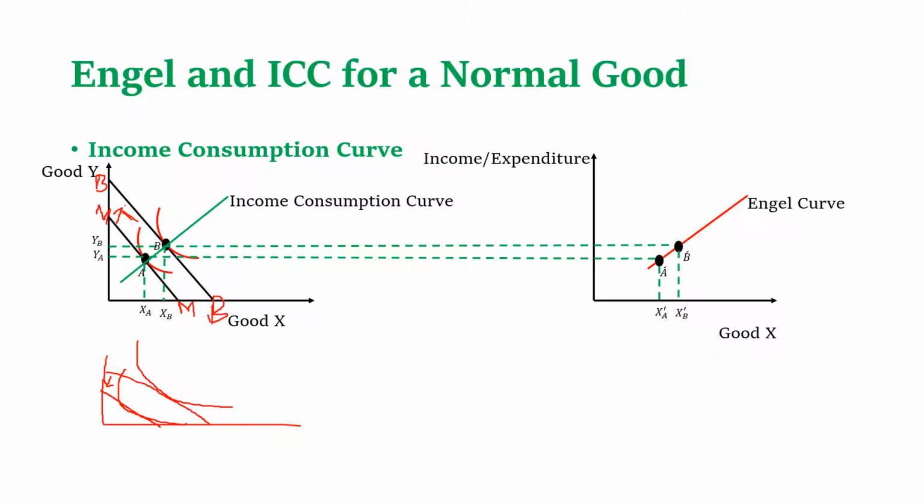If I used to go to restaurants to eat junk food, then I'll stop eating junk food. I'll decide to either cook at home or maybe buy organic food. So the demand for organic food will go up because my income has increased. This is what happens for all normal goods. When the income increases, the demand for them also increases, and so we expect the income consumption curve to be upward sloping.